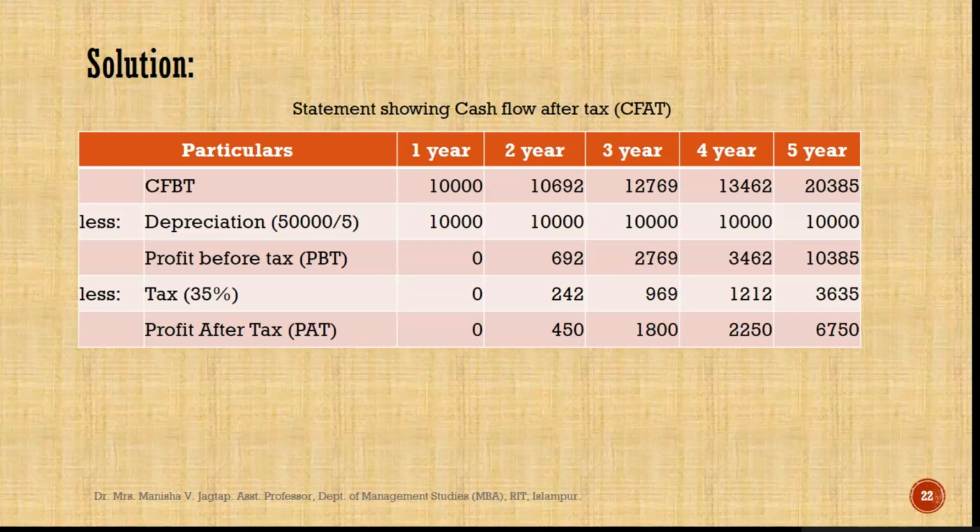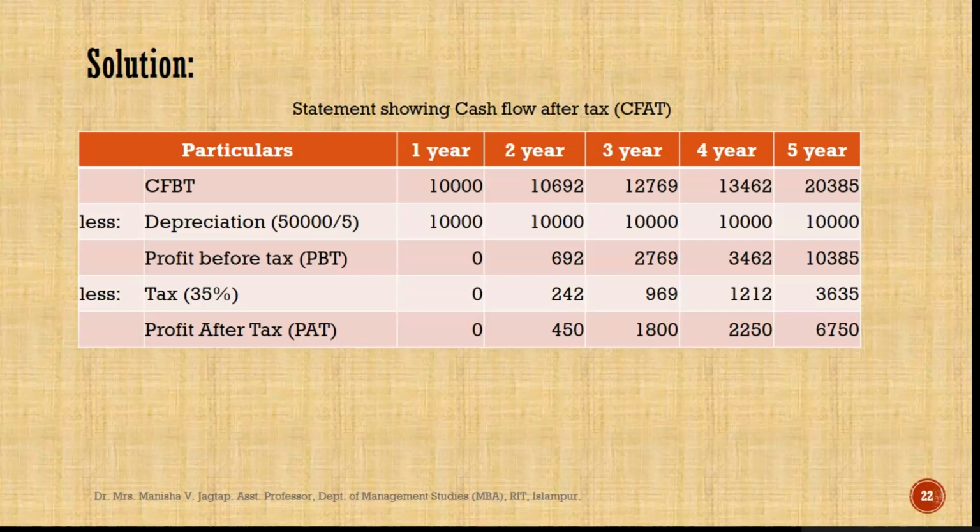Then after deducting depreciation from cash flow, we get profit before tax, and on that figure, we calculate tax at the rate of 35%, and that calculated tax figure we deduct from PBT, and we arrive at profit after tax, which is also called PAT, or we can say cash flow after tax.